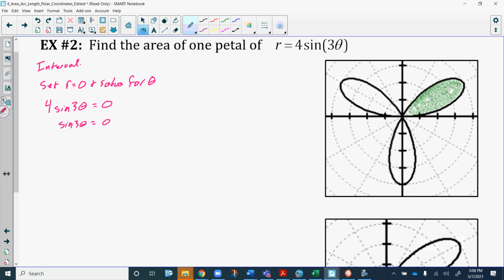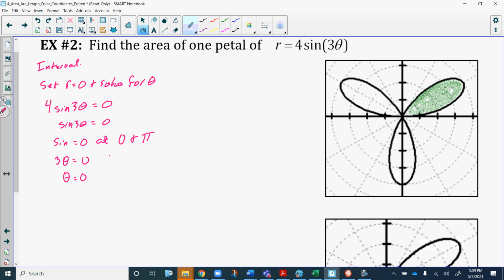So where does sine actually equal 0? Well, sine is going to be equal to 0 at 0 and at pi on our unit circle. So if I say 3 theta is equal to 0, then theta is going to be equal to 0.